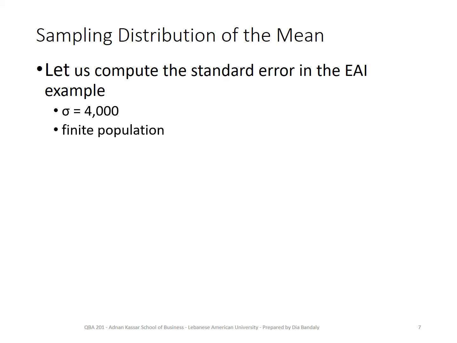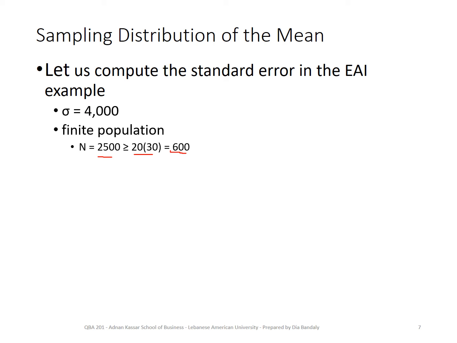We know that we have a finite population because we are looking at a list of 2,500 managers, right? So it's finite, where N is 2,500, sorry. Let's compare that to 20n. So 2,500 is much larger than 20 times 30, which is only 600.